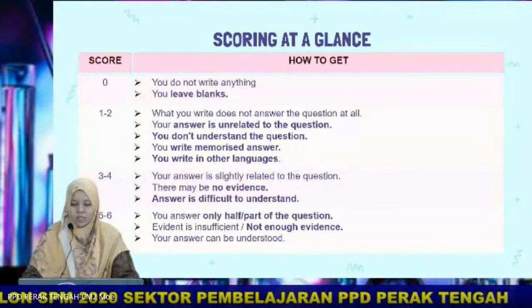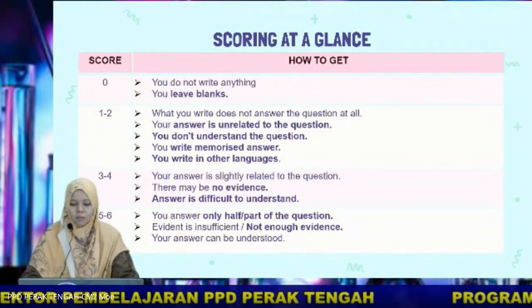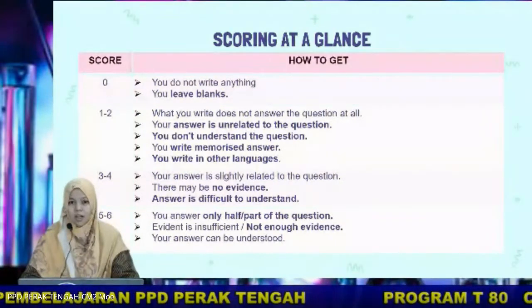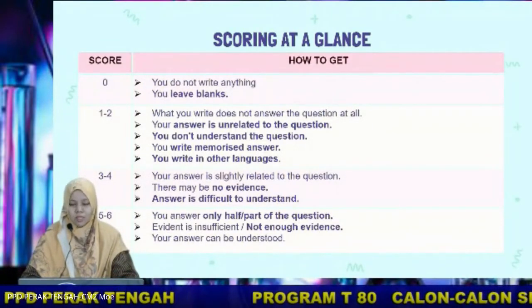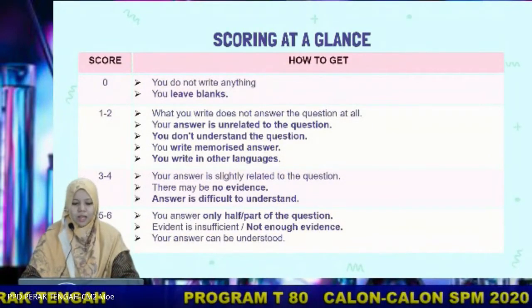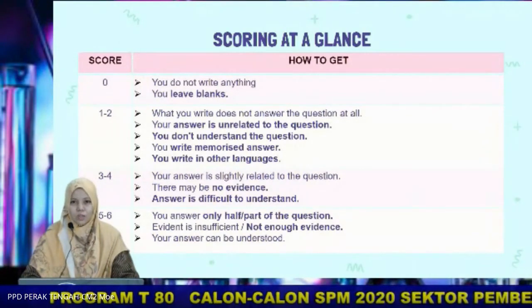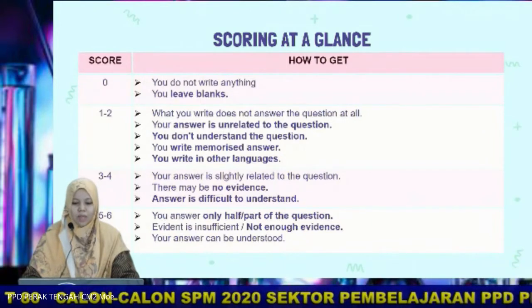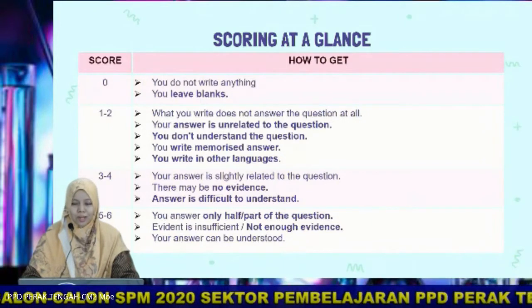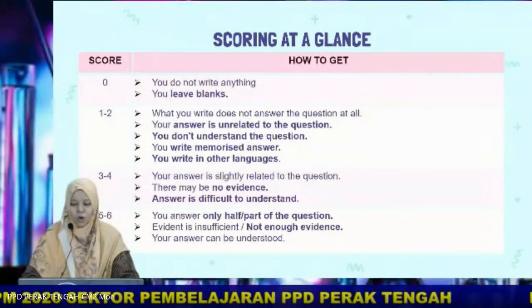As you can see just now, there are 2 layers of the question, and if you only answered half of the first layer, you will tend to get 5 to 6 marks only. And again, if the evidence is insufficient, you will get lower marks, and if your answer cannot be understood, so please write neatly so that we can understand your point there.